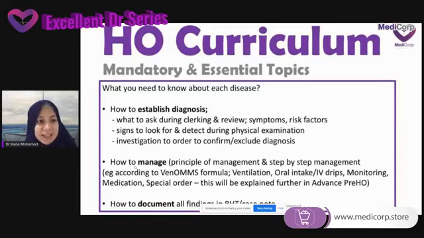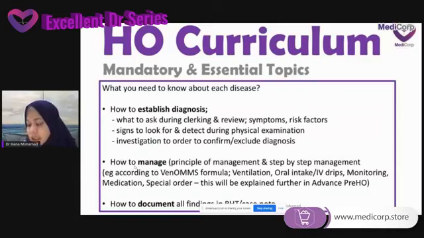For example, for a dengue patient, the principles of management are IV drips, monitoring of vital signs, and monitoring of investigations.